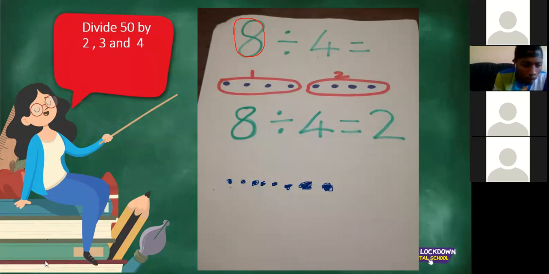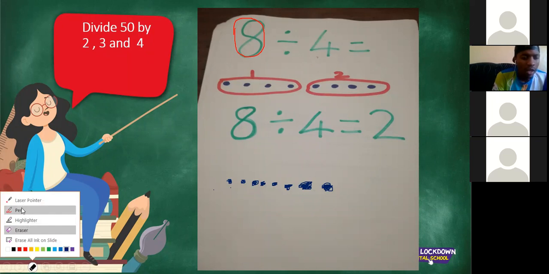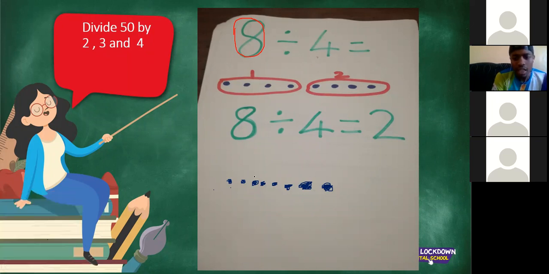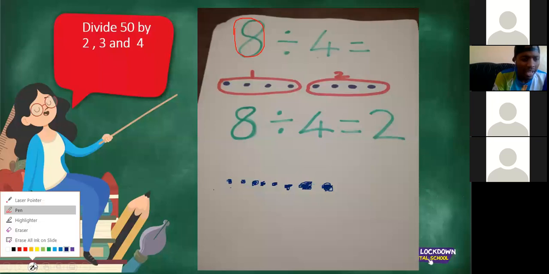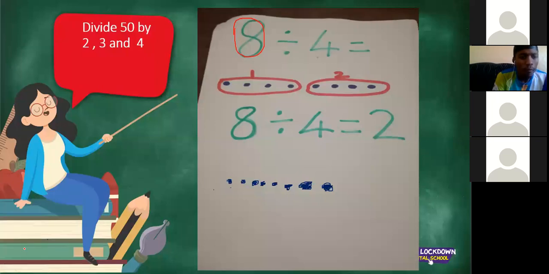Right. So I am looking at 8, 1, 2, 3, 4, 5, 6, 7, 8, divided by 4. So in each group, how many must I have? I must have 4.